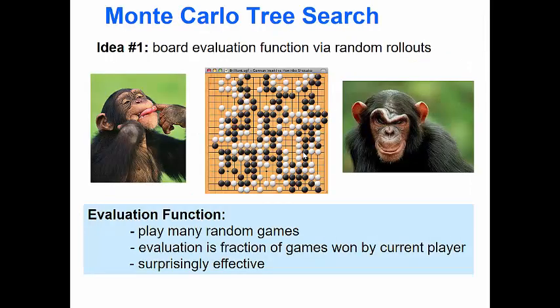So this picture is basically saying that Monte Carlo tree search came out of the idea that for Go, they originally had a really hard time coming up with good evaluation functions for Go boards. In chess, you can come up with evaluation functions by looking at the pieces.